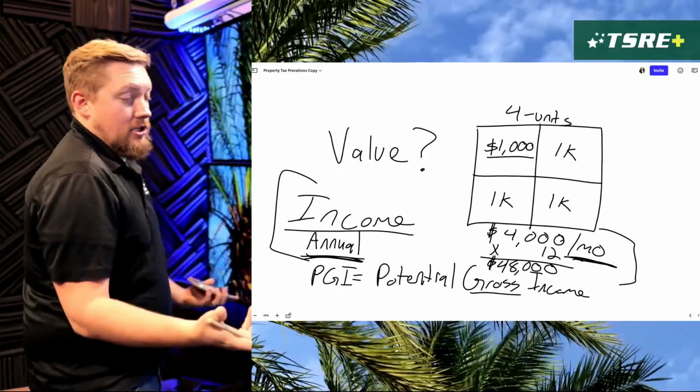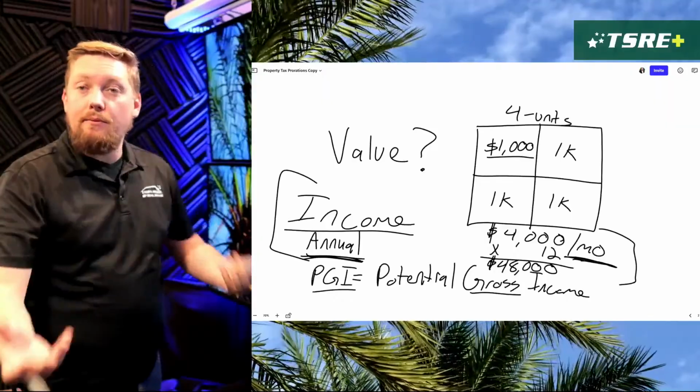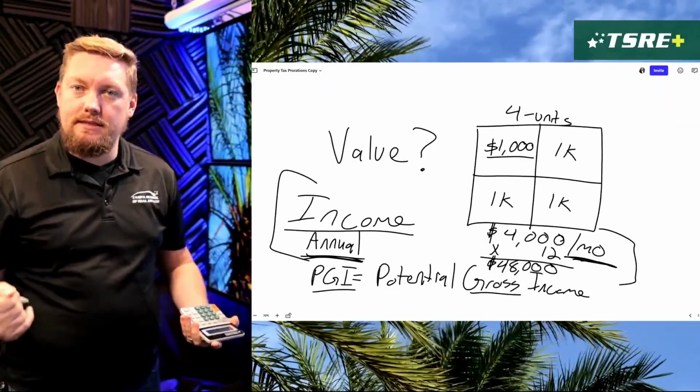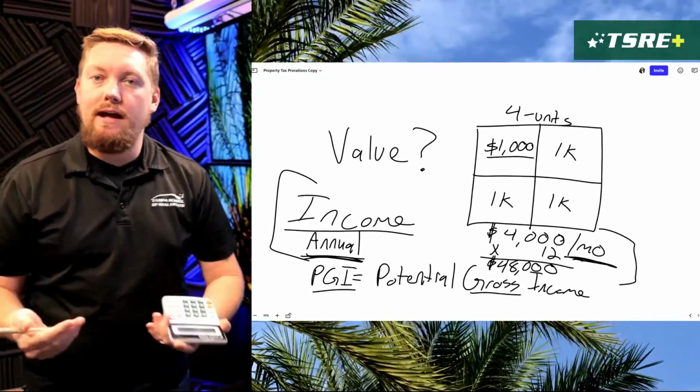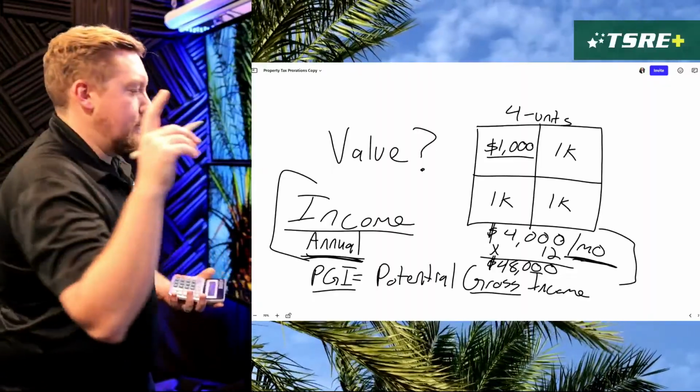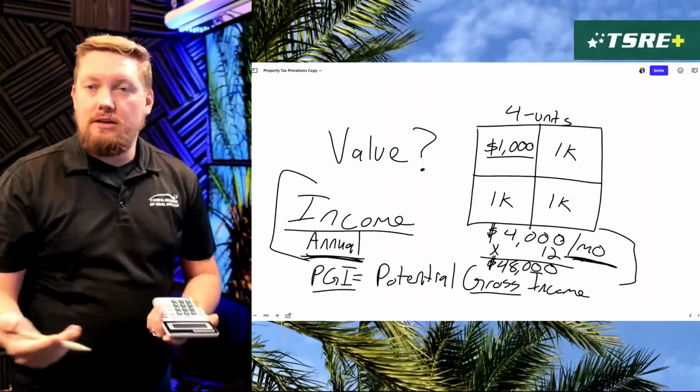And if this were the question, what is the potential gross income? That would be your answer. And that's really step 1 in the series of steps of coming up with the value of a property using the income capitalization approach: establishing the potential gross income.